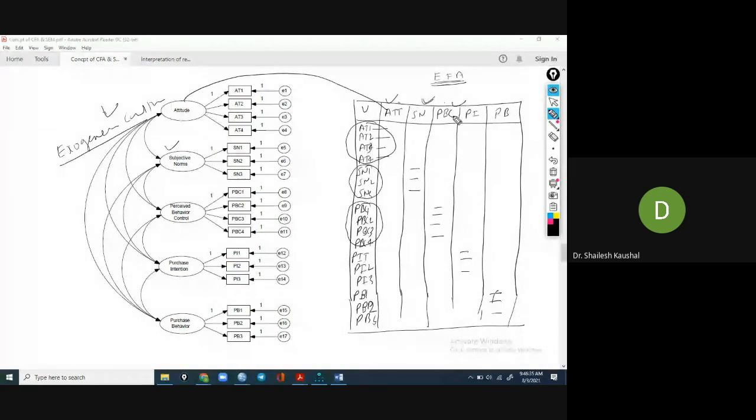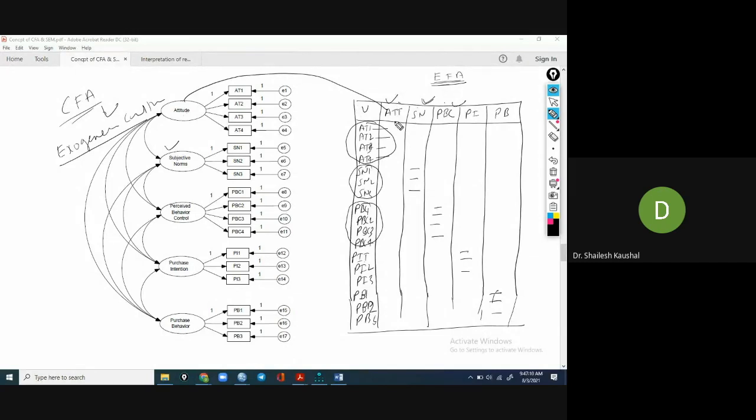So that is the purpose of the exploratory factor analysis. Here we are not testing any hypothesis. We are not finding a relationship among exogenous and endogenous variables. We treat all the variables as exogenous in CFA, and the same in EFA.